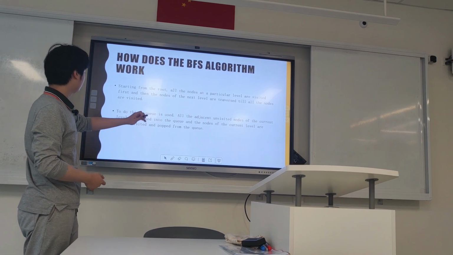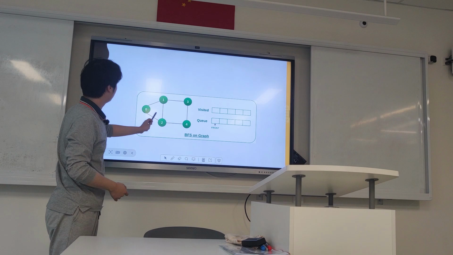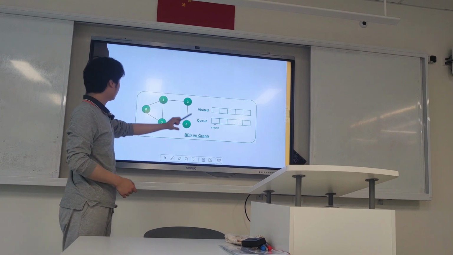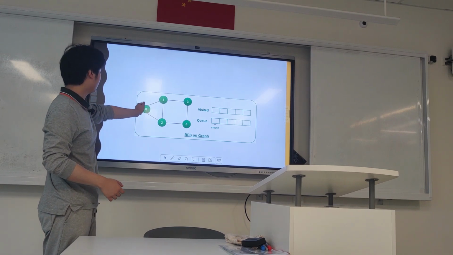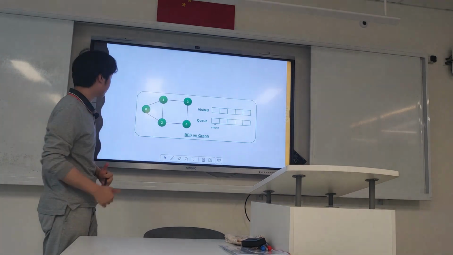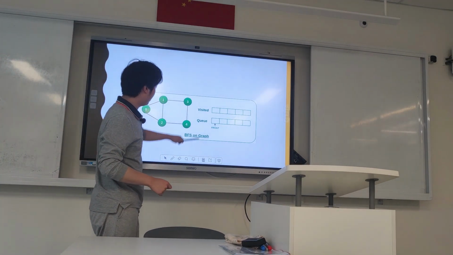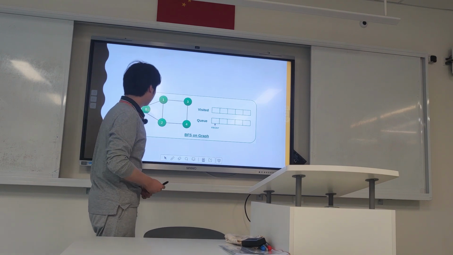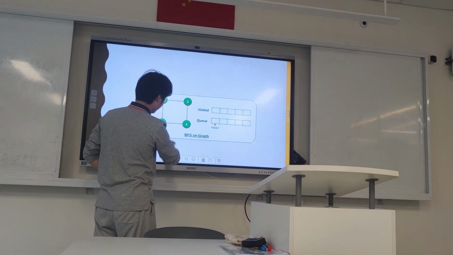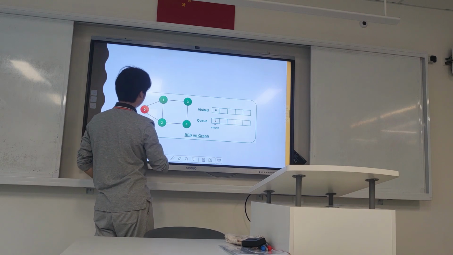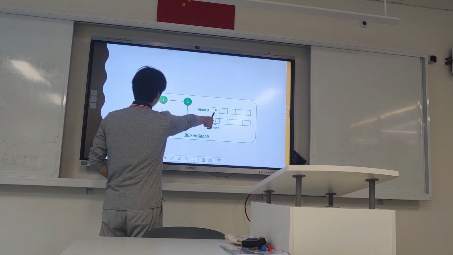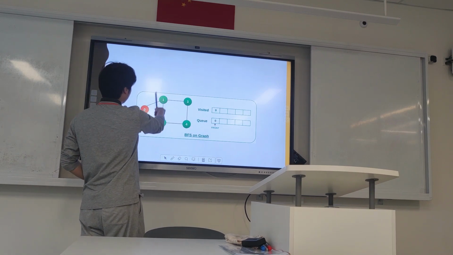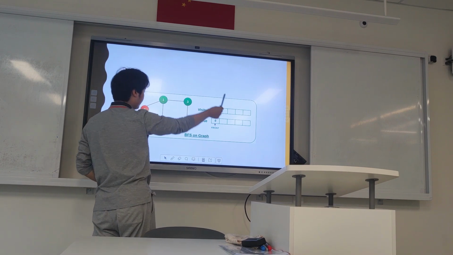Now we'll talk about how it looks in this graph as an example. First we have a queue and an array visited. Then we first visit node 0, so it is in the queue and it is in the array visited.